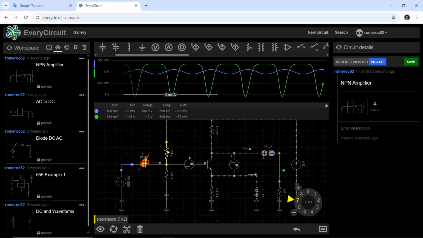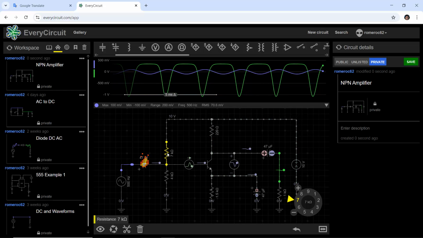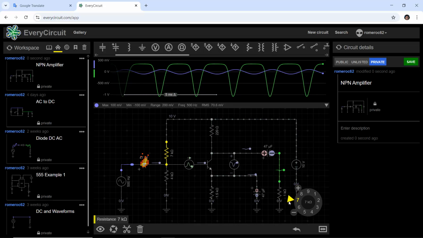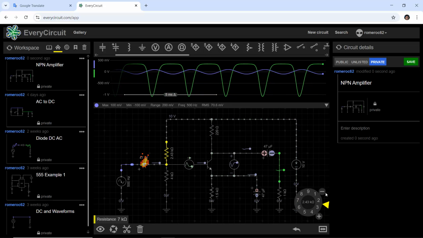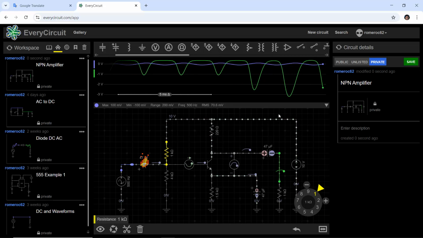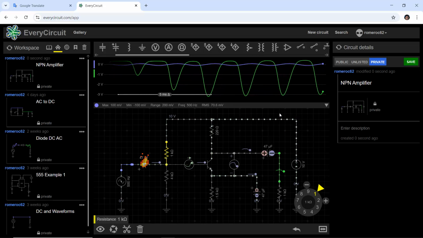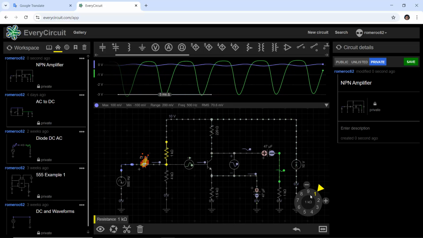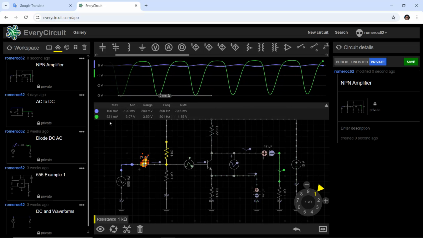So I will use this resistor and change the value from 7 kilo ohms to a lower value like 1 kilo ohm, and wait a minute, and review the parameters.